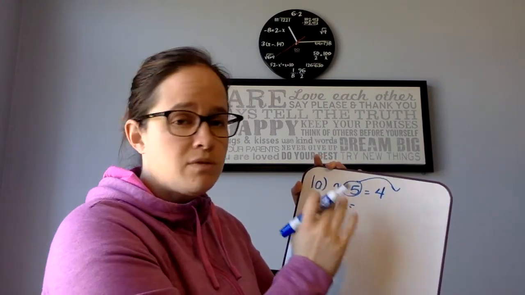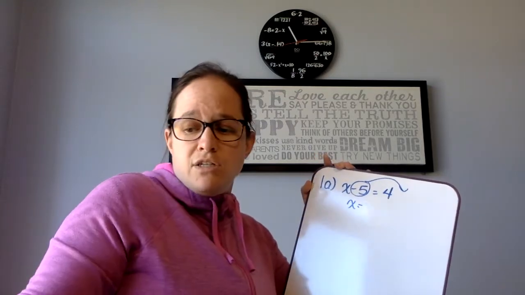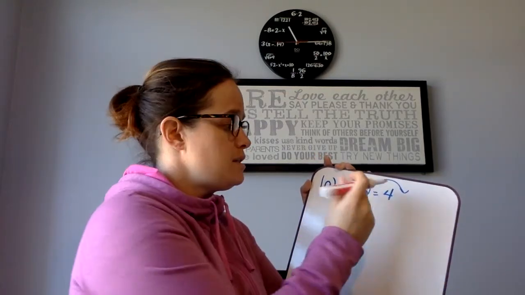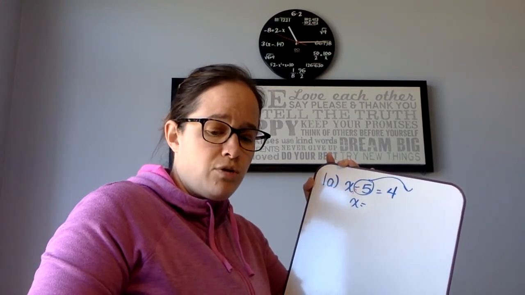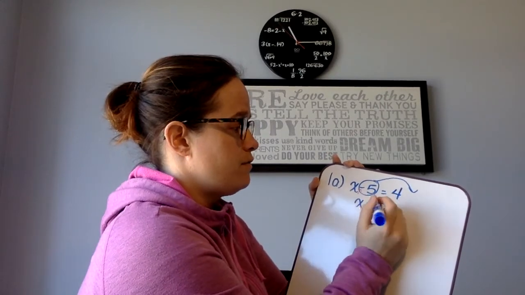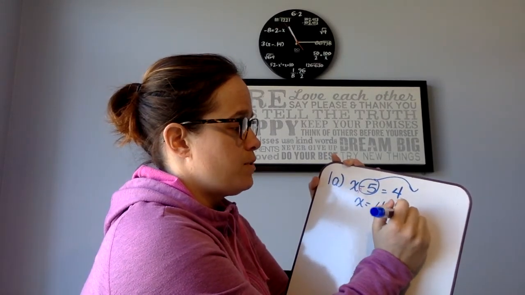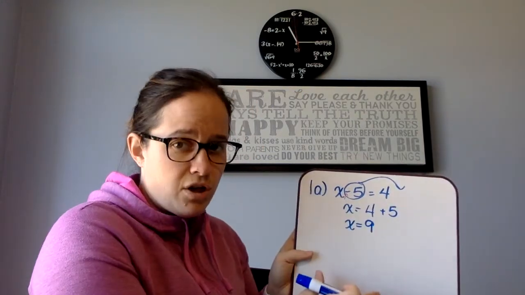But remember, when you take something across the equal sign, you have to change this integer sign. So when you move it over the equal sign, the negative has to become positive. So you're going to get plus 5, x is equal to 9. And this is the solution I want to see.